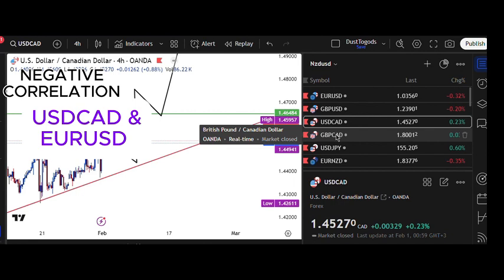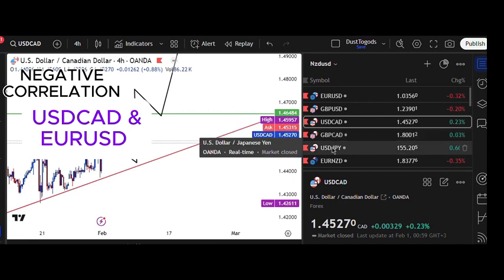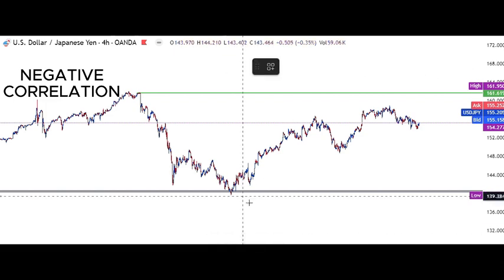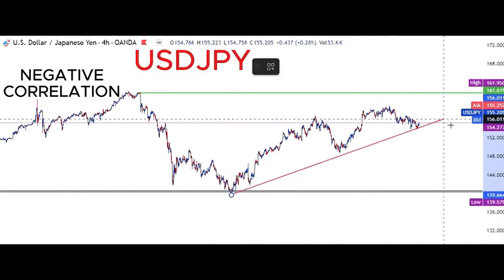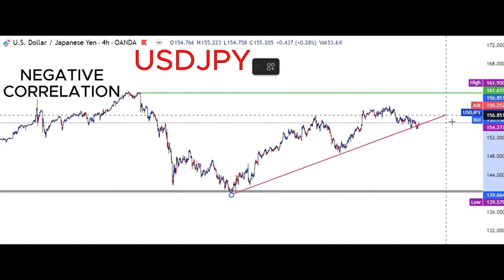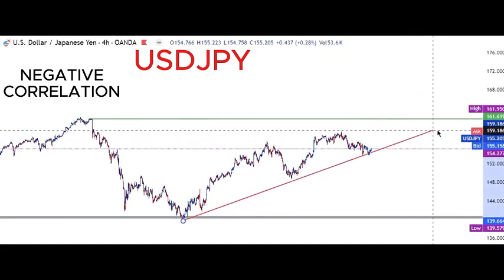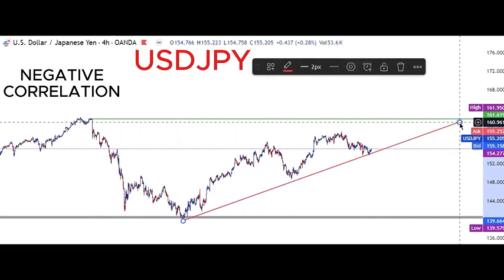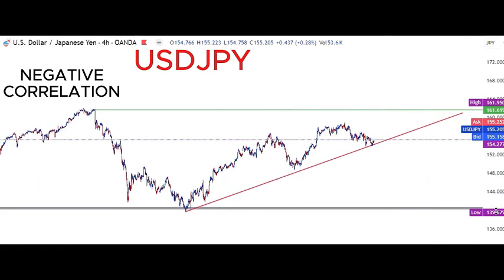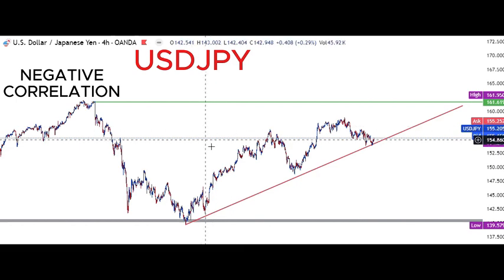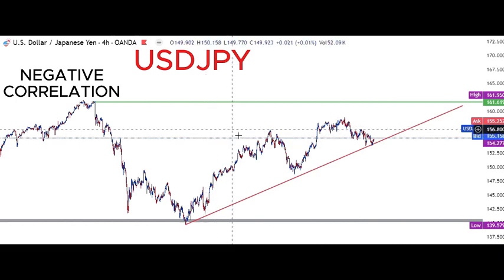All right, let's look at another one. We saw that USD/JPY is bullish. You can see the movement up. USD/JPY is bullish on a 4-hour time frame. So this USD/JPY has a negative correlation with the EUR/USD and GBP/USD.